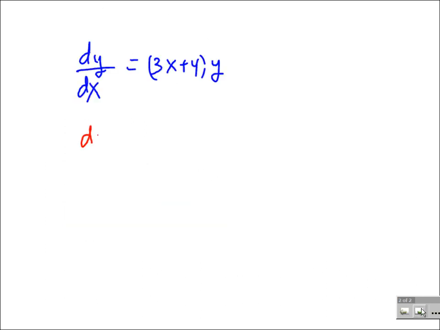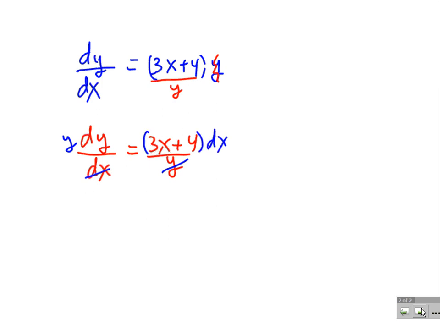The first thing I will do is move pieces around. In fact, let the y be in the bottom. I move this up here.